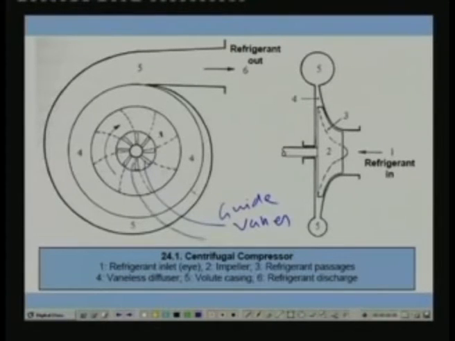The position of these guide vanes can be adjusted, and by adjusting the position you can change the flow rate, and you can also introduce a tangential component of velocity at the inlet. Through this you can control the capacity of the compressor. So this is the purpose of guide vanes.